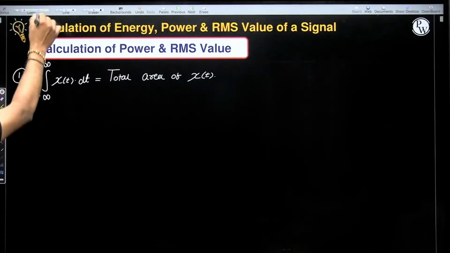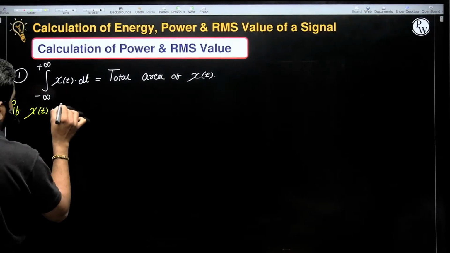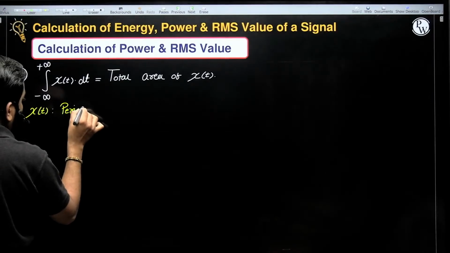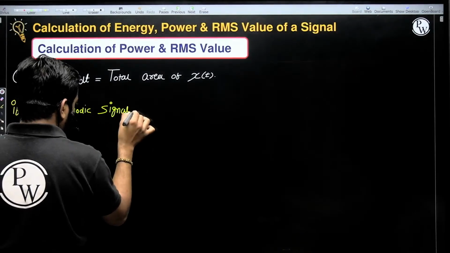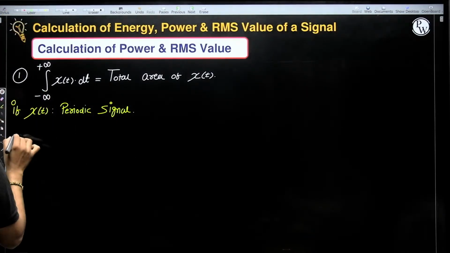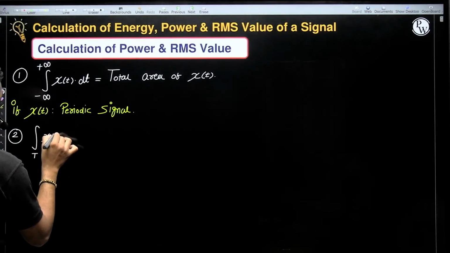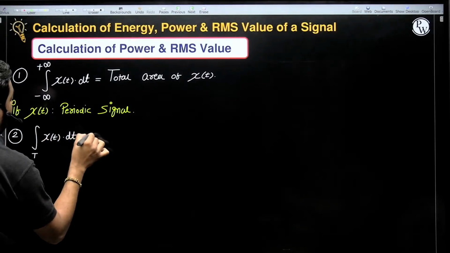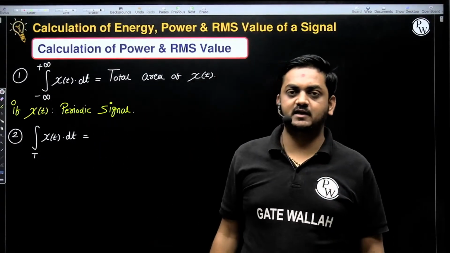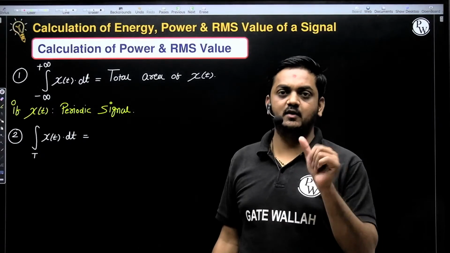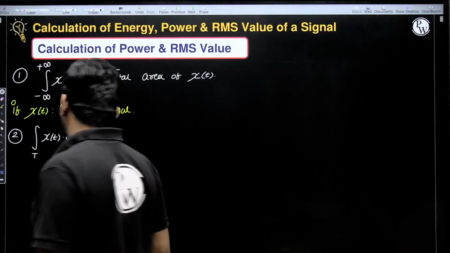Now suppose x of t is a periodic signal. If you integrate this periodic signal over a fundamental time period, then this is known as the area of x of t for one cycle, or area under x of t over a fundamental time period, correct?